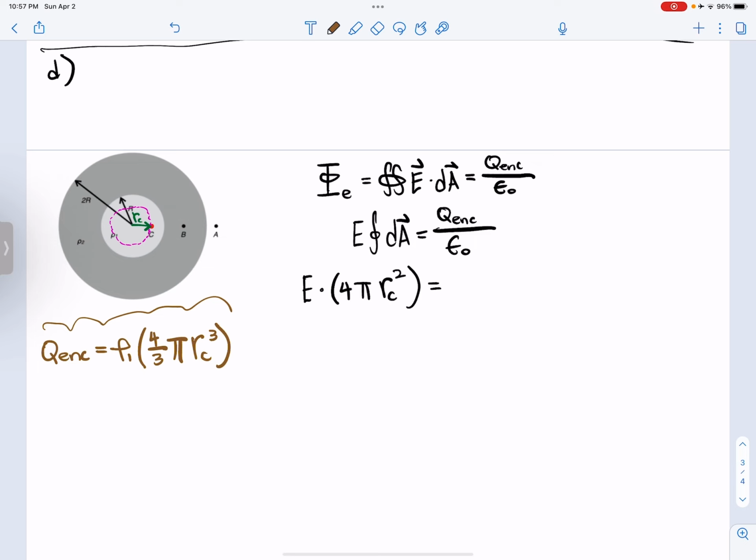So I'm going to put a cloud around that, and I'm going to plug it in to my Q enclosed, my charge enclosed. That's going to be 4 pi ρ1 RC cubed over 3. And then don't forget this epsilon naught in the denominator. I have a habit of forgetting that, but this time I didn't, so there you go.